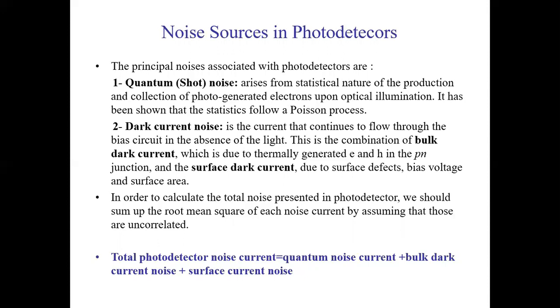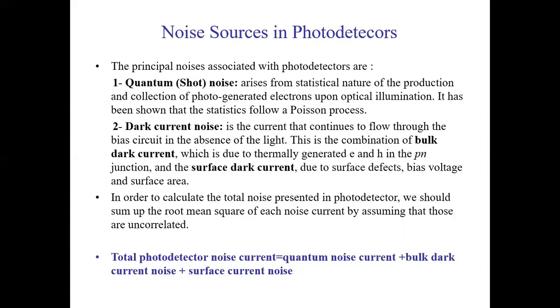This is a combination of bulk dark current, which is due to thermally generated electrons and holes in the PN junction, and the surface dark current due to surface defects, bias voltage and surface area. In order to calculate the total noise present in the photodetector, we sum up the root mean square of each noise current, assuming that these are uncorrelated.